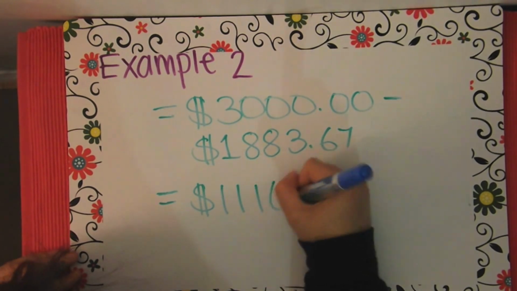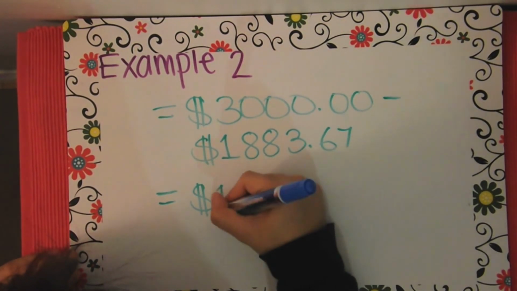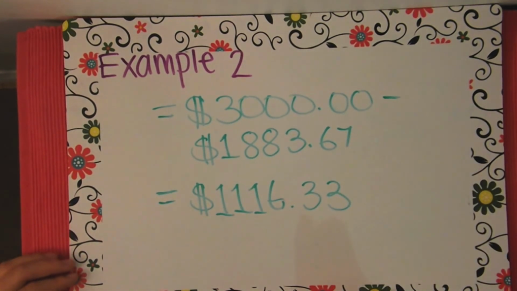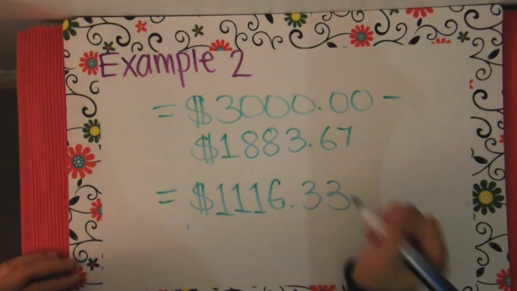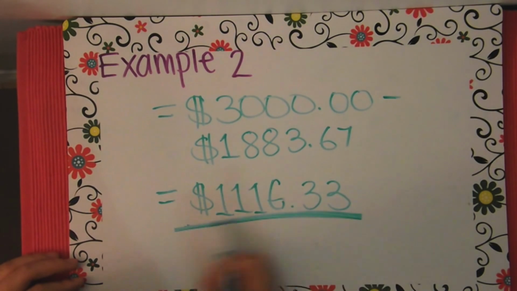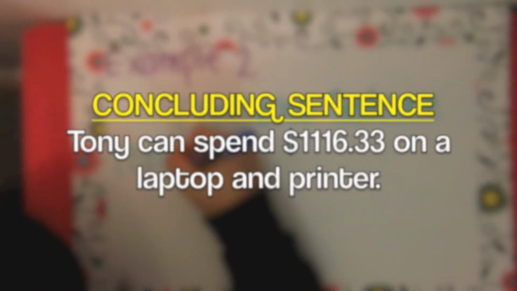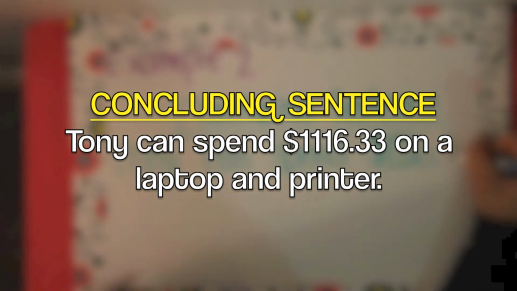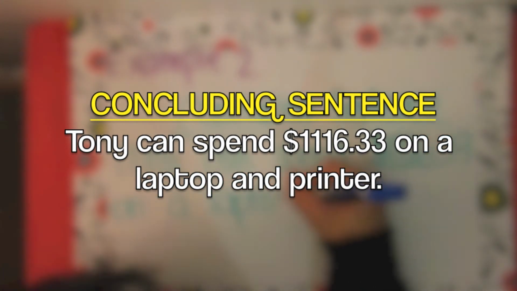This should equal $1,116.33. Therefore, Tony can spend $1,116.33 on a laptop and printer.